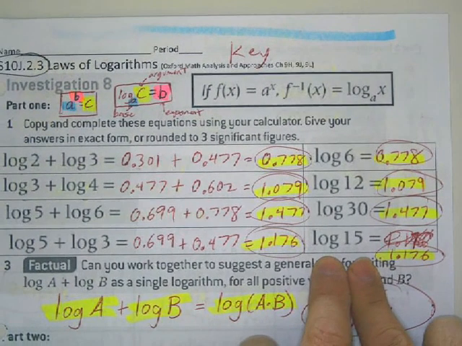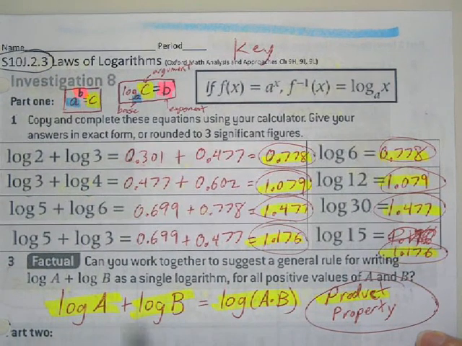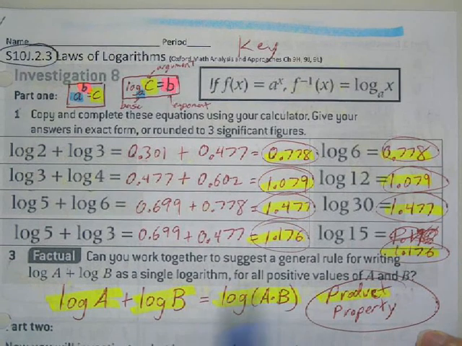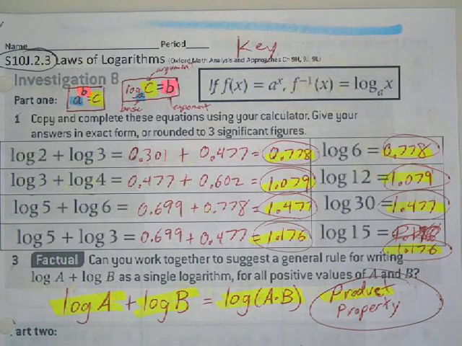What we can deduce from this experiment, from this noticing and wonder, is that if I've got log of something plus log of something else, we can write log of those two things multiplied by each other. This is called the product property. These laws of logarithms are very important in science and engineering, and colleges will expect that you know these log properties.